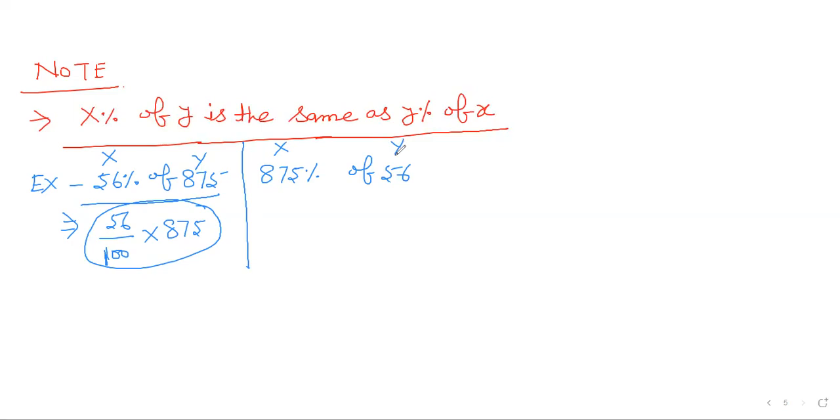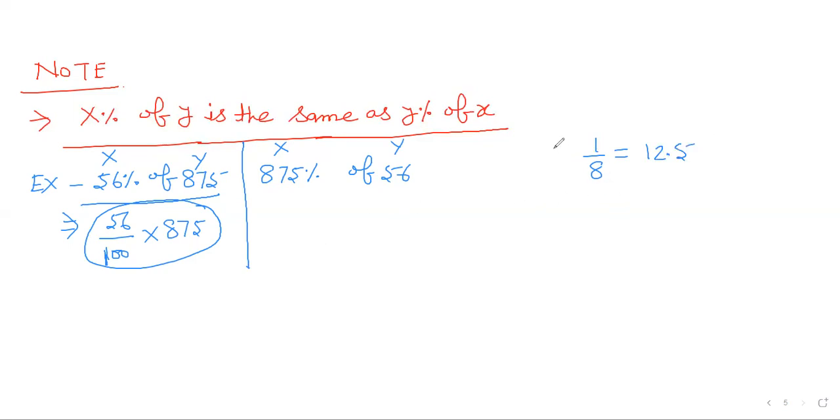Okay. So 875 here, it's 75%. And if you remember fractions as building blocks, then you can remember that 1 by 8 is what? 1 by 8 is 12.5.